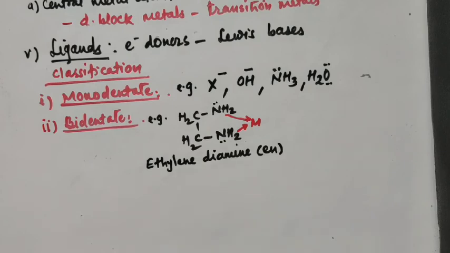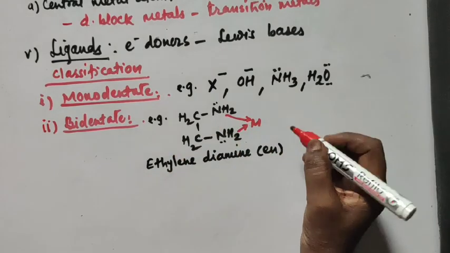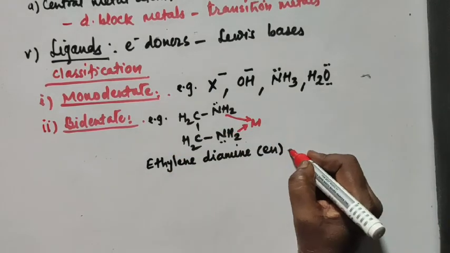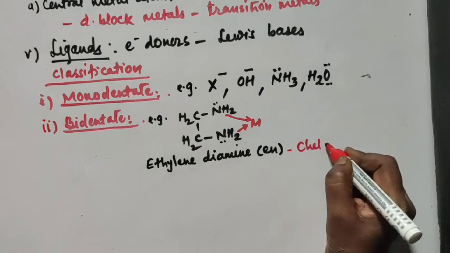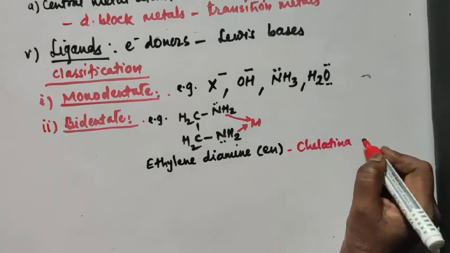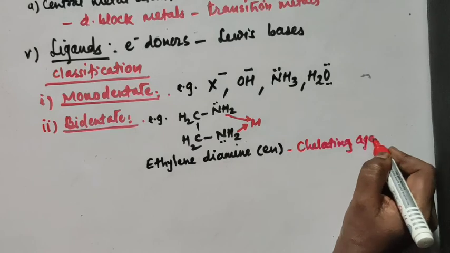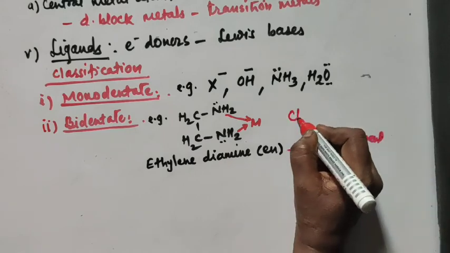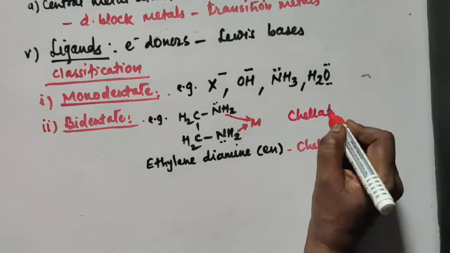And this type of attachment, that means the didentate or bidentate ligand donating electron pairs, there are two sites of donation of electron pair. So this type of attachment is called chelation, or these are called chelating agents. And the process is called the chelation process.